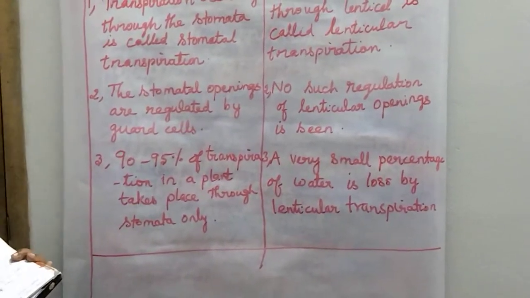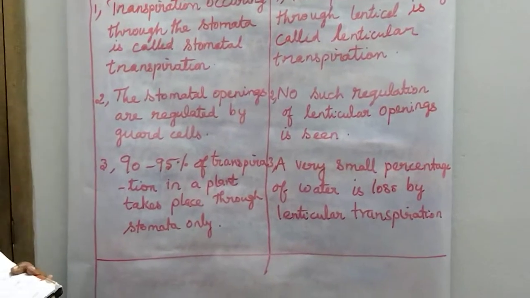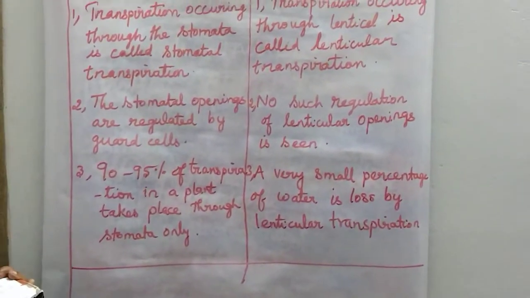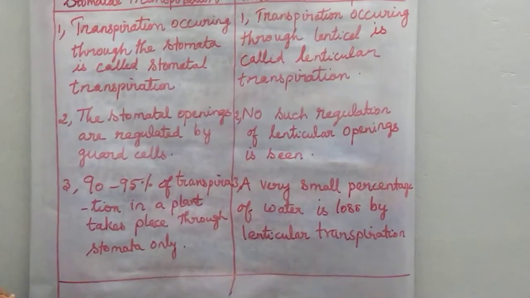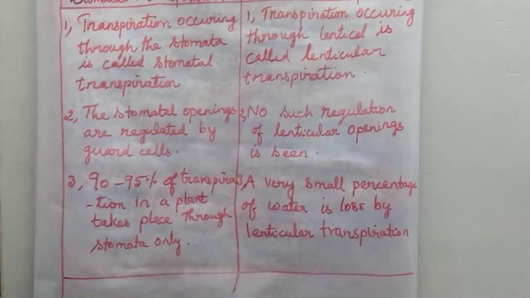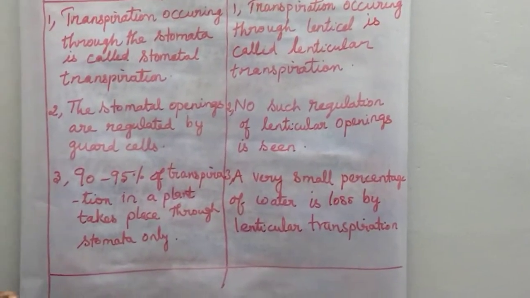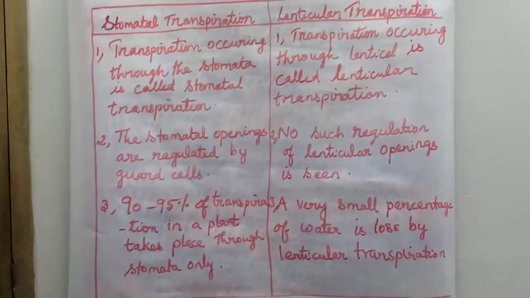The third point under stomatal transpiration, 90 to 95% of transpiration in a plant takes place through stomata only. Under lenticular transpiration, the third point is a very small percentage of water is lost by lenticular transpiration. So this is the answer for this question.